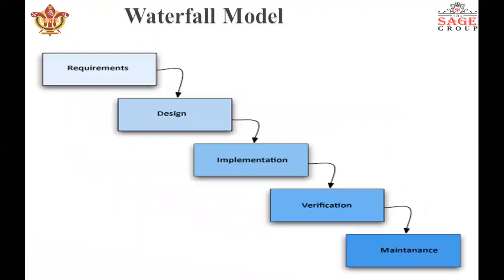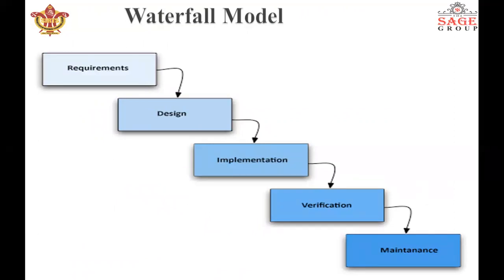Here you can see the diagram. In the waterfall model, these processes are followed to complete the implementation. If we are thinking to create any software or application with the help of this model, then we follow these processes.